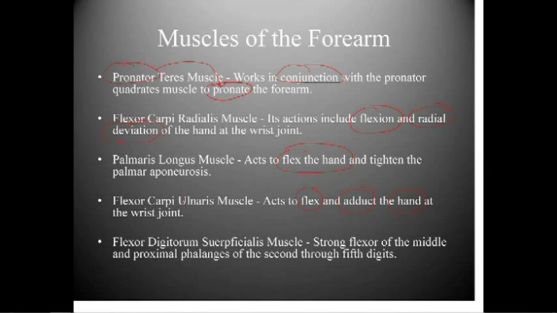The flexor digitorum superficialis muscle is the strong flexor of the middle and proximal phalanges of the 2nd through 5th digits. So we're looking at the middle and the proximal phalanges of the 2nd through 5th digits. So this is what's going to cause a lot of your finger movements.